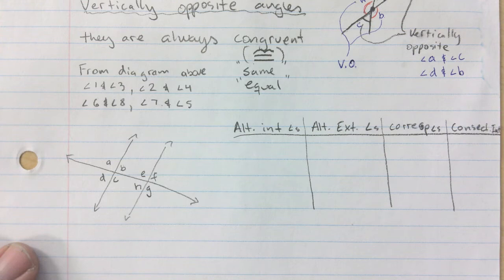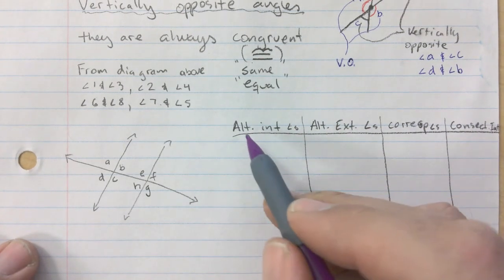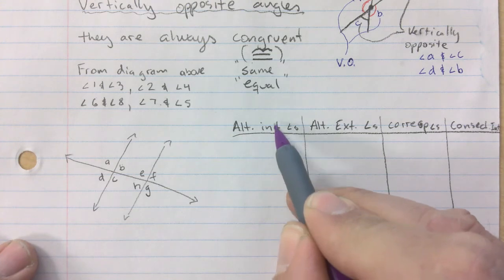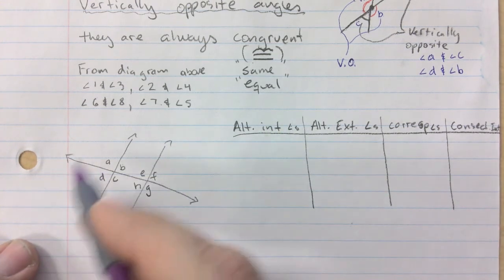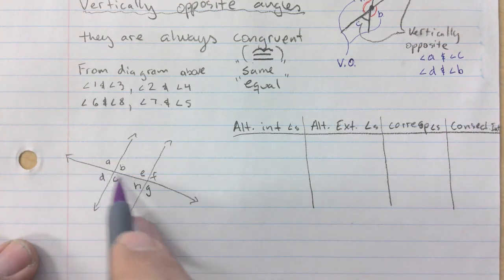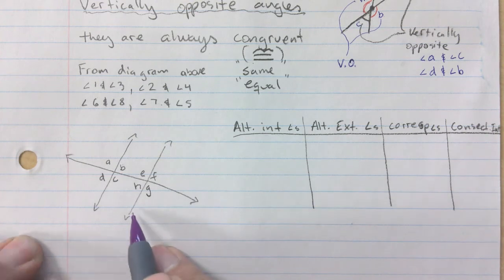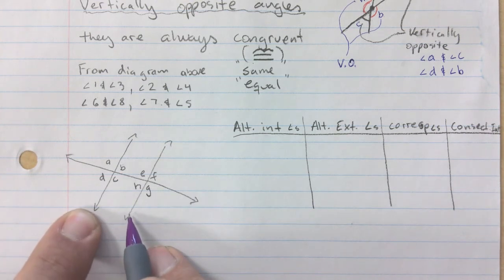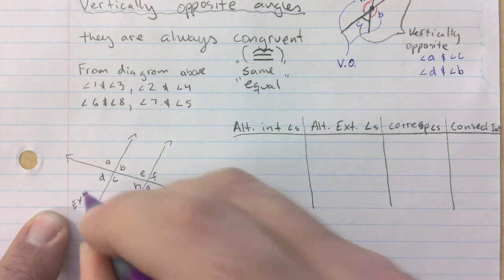Okay, so let's see if we can wrap your head around this. Alternate interior. So I focus on the interior. Where is the interior here? Well, you should recognize that this right now is the transversal, and these are your buns. That's your sandwich. So this would be interior, exterior, exterior.